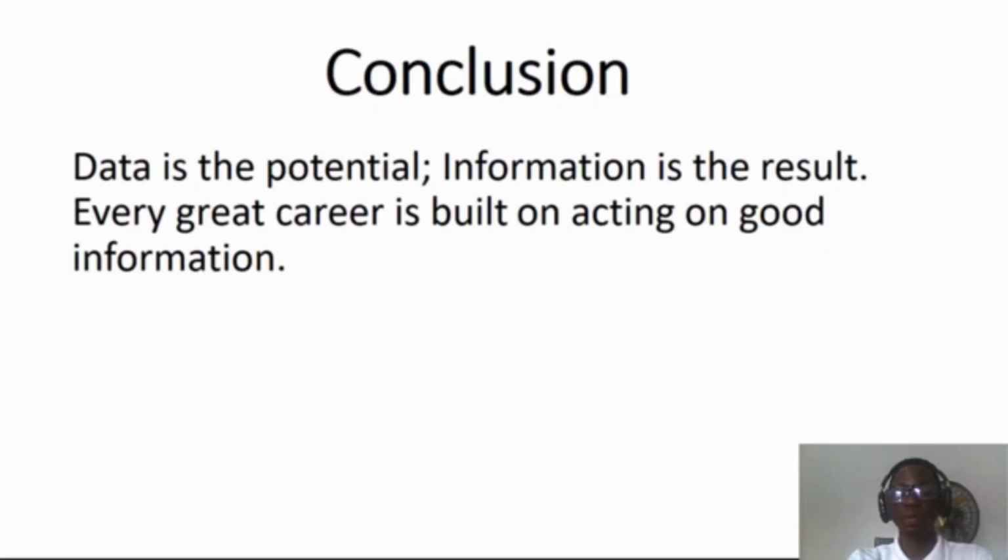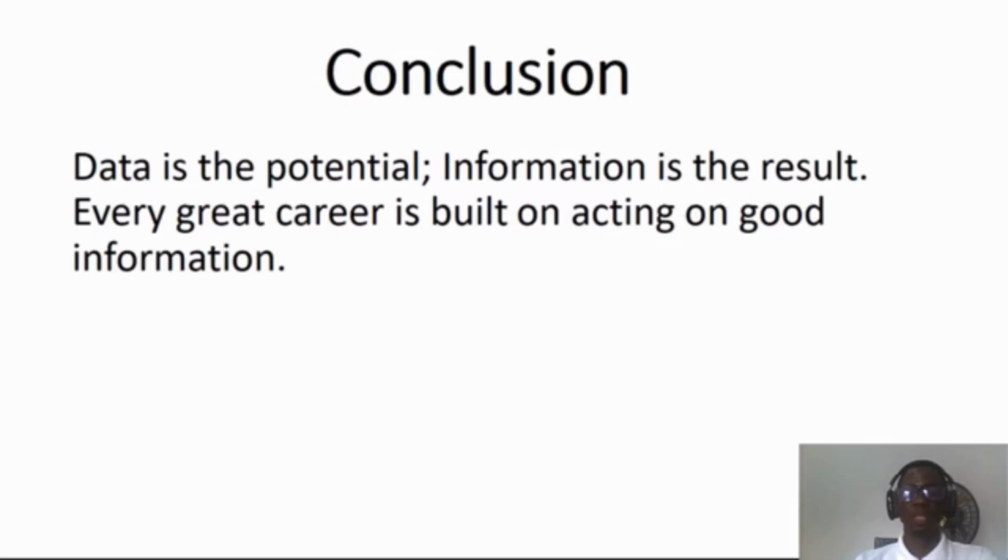So you need good information, and just like I said, data is the potential and information is the result. So data is needed to give out information. If there's any confusion or any question, you can write it down on the platform, then I will try as much as possible to respond to our questions. So basically, that will be all for today's class.